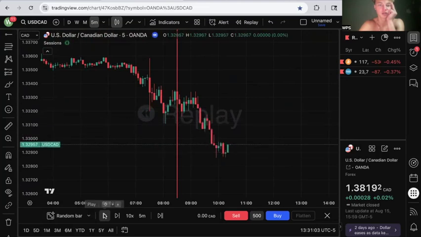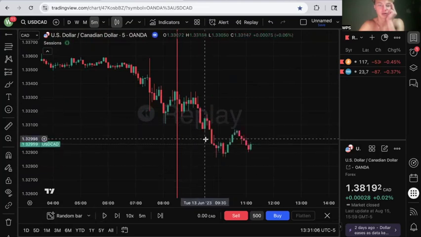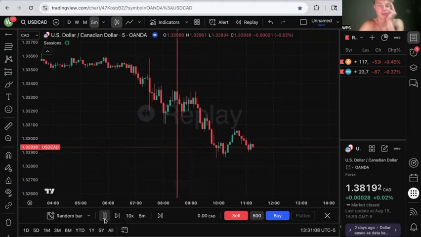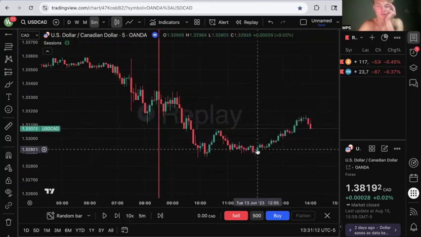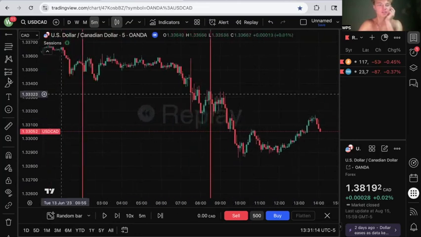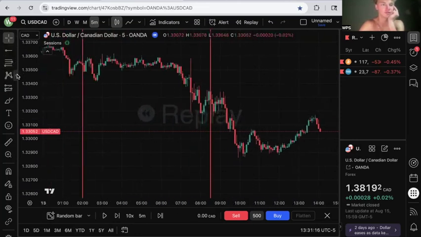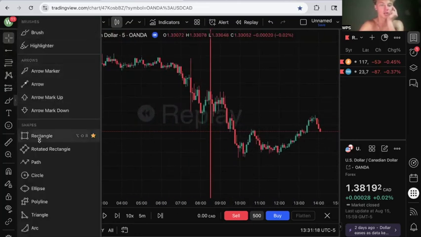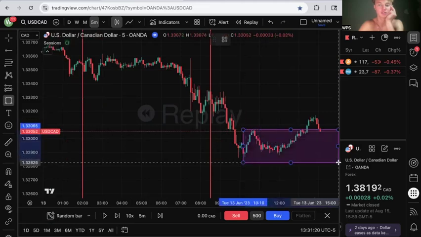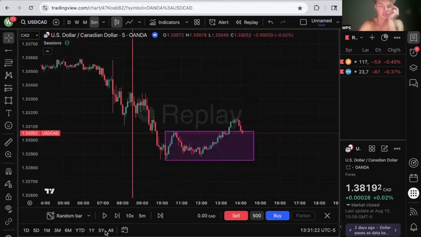Price digs lower, digs deeper, comes back into this zone, break structure to the upside. I'm going to use an order block right here to at least see if price is going to come into here.